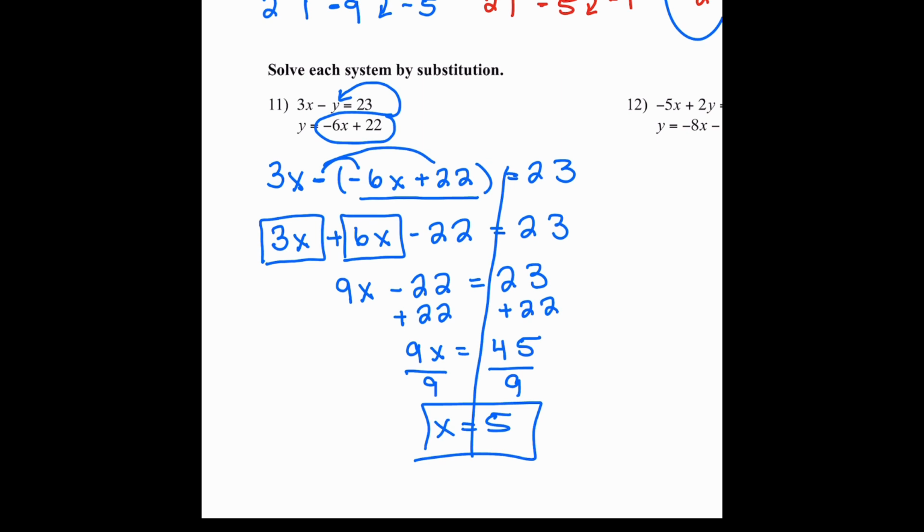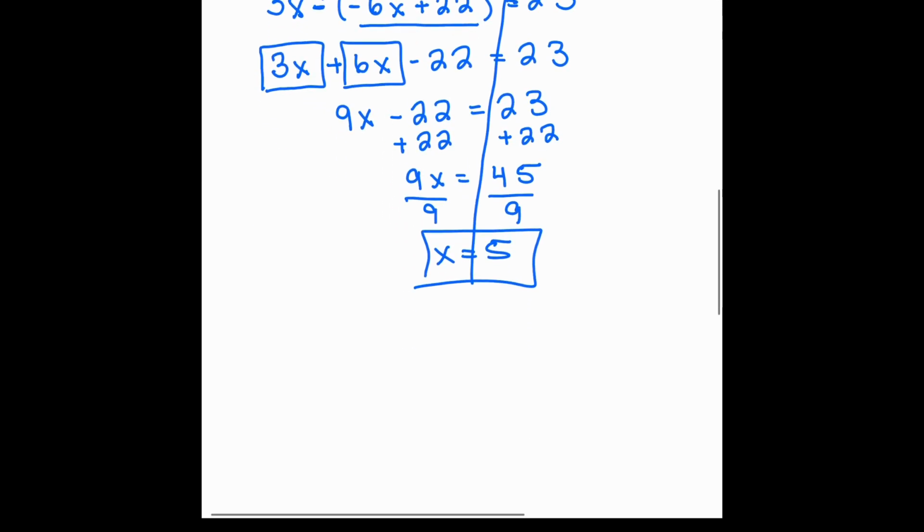But I am not done, because in order to find a solution, I need an x value and a y value. And so far, all I know is that x is 5. So in order to find my missing y value, I am going to plug in x equals 5 to either of my equations. It doesn't matter which one I pick. I think I'm going to go ahead and pick the second equation.